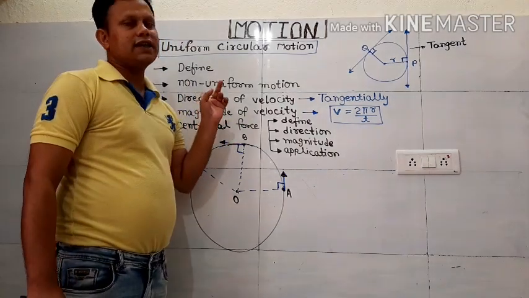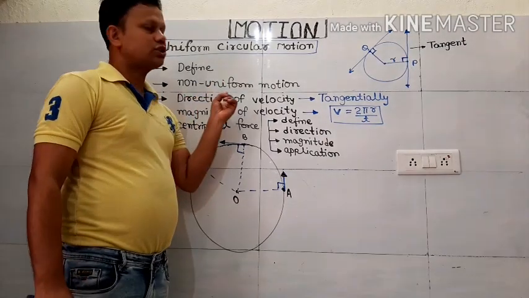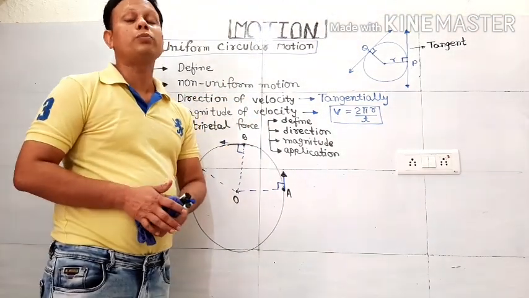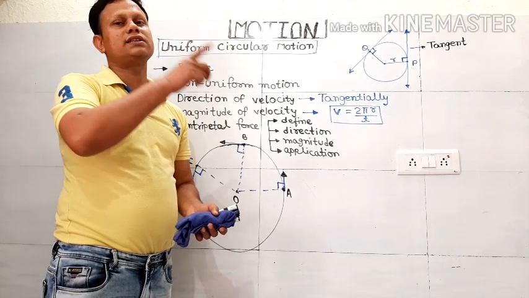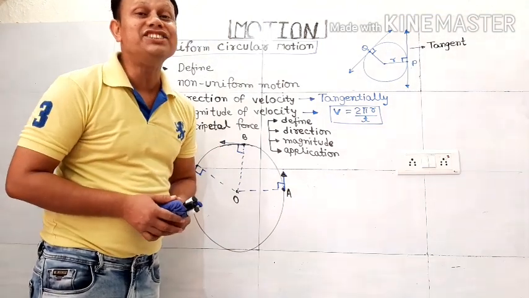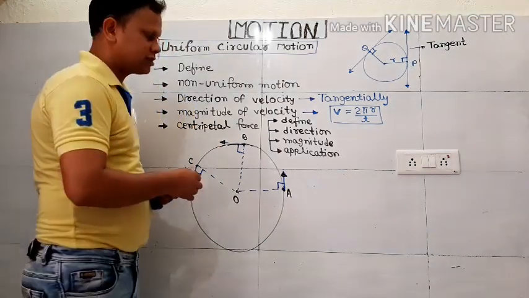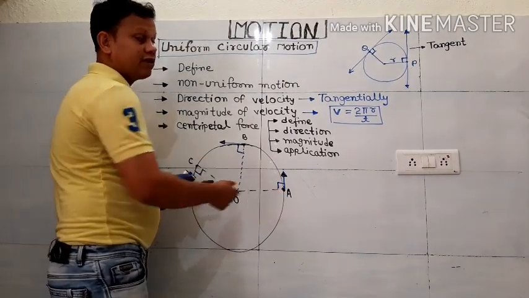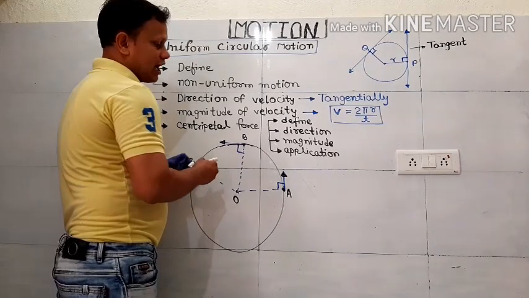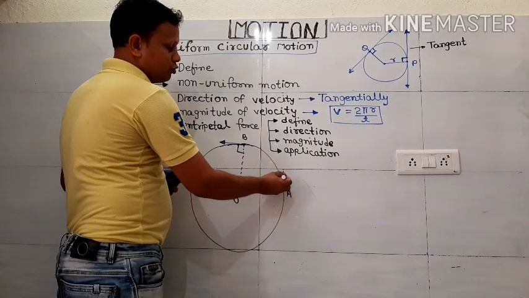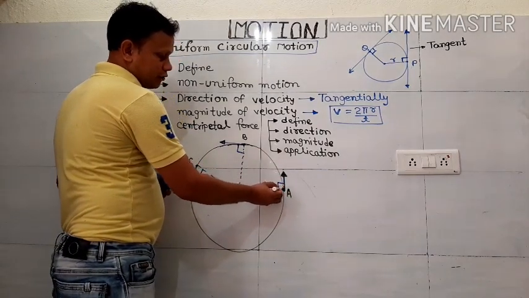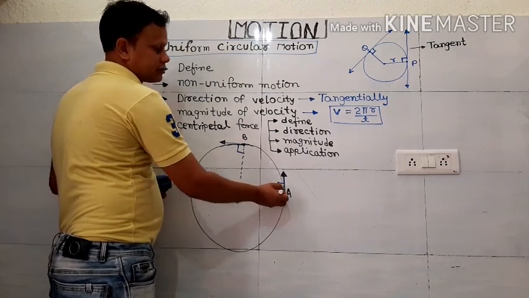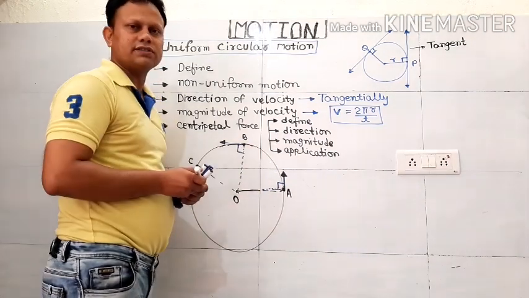It is said that the direction of velocity of an object moving on a circular path is always tangential. That means whenever you observe the object on a circular path, suppose at point A, it will have a tendency to move at 90 degrees with the radius, whatever point it is.